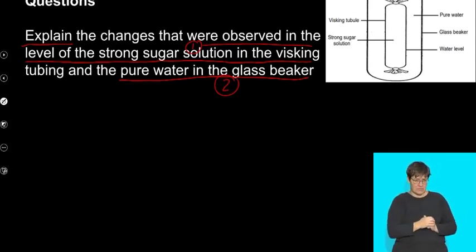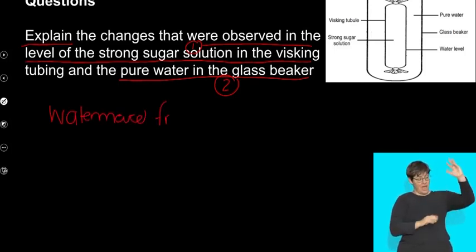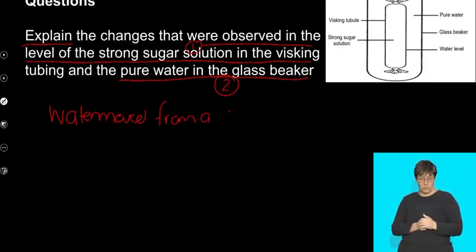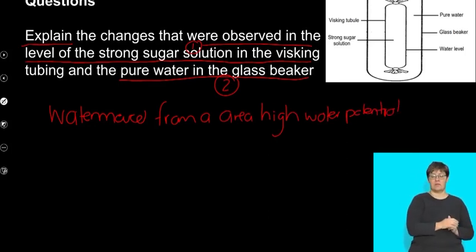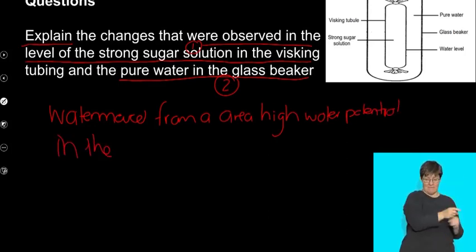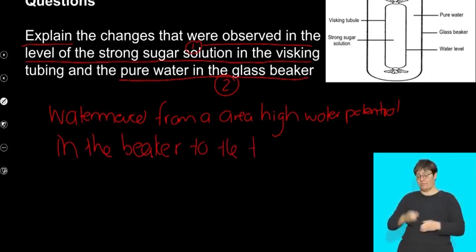Now, if we know osmosis occurred, what happened is, guys, where does water move? So let's start. Water moved from an area of high water potential, that means lots of water, in the beaker, to the tubing.